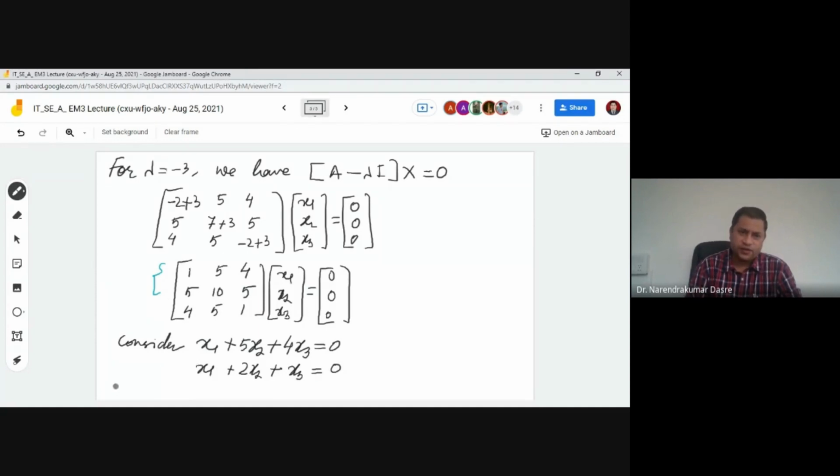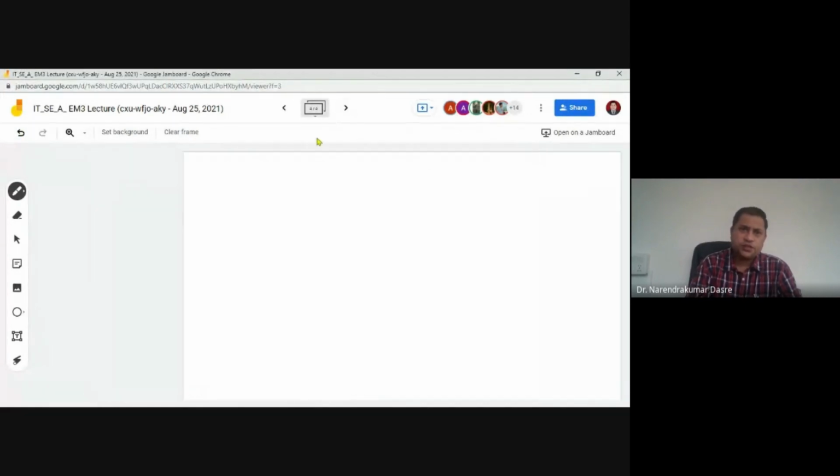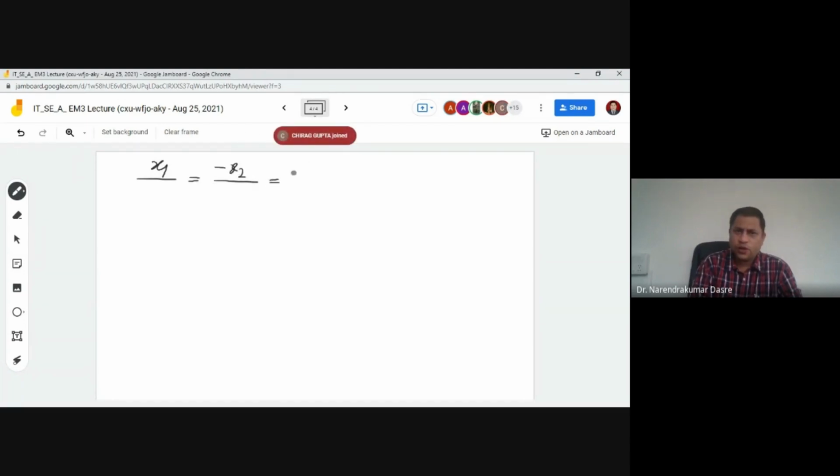So by Cramer's rule, using these 2 equations, we can write the equation of the line of intersection of these 2 planes: x1, equal to minus x2, equal to x3.